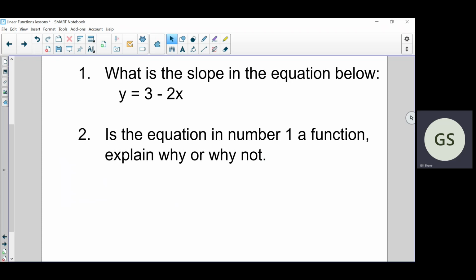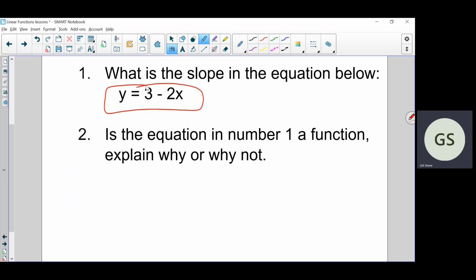So this is number one. I want to know if that's a function or not. We said the definition of a function is that if we have x values that repeat, then we better also have the same y value. If no x value repeats, it's automatically a function. If an x value repeats, as long as the y value repeats, it's a function.